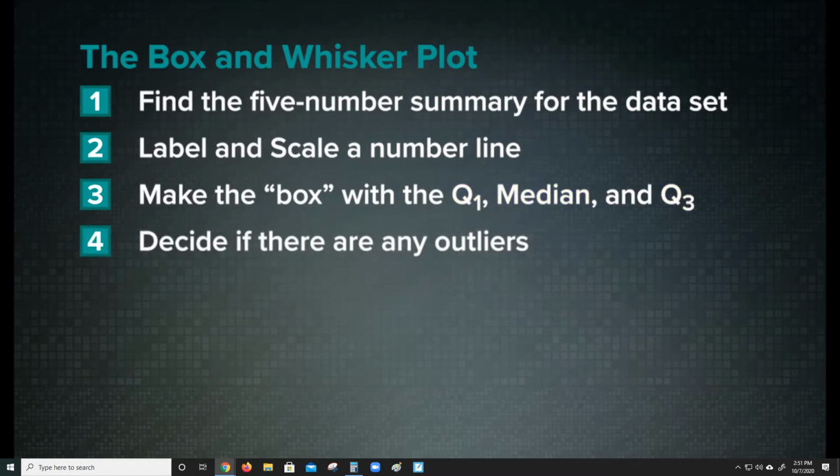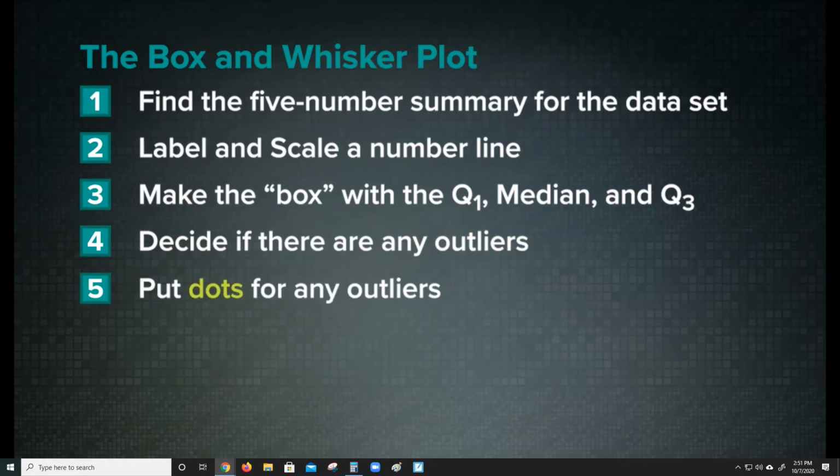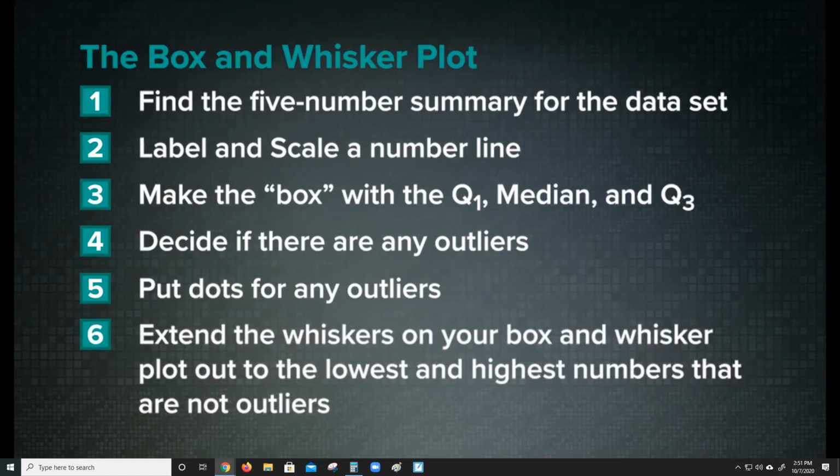Number 4, decide if there are any outliers. Number 5, put dots for any outliers. And number 6, extend the whiskers on your box and whisker plot out to the lowest and highest numbers that are not outliers. This is best seen in an example.